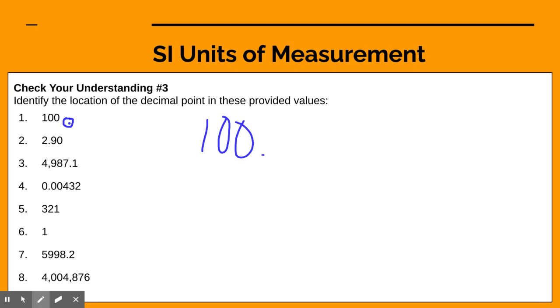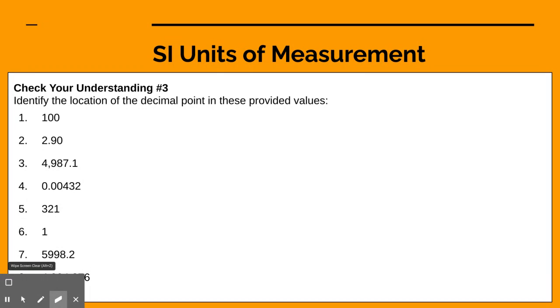That's where it's at, because remember, a decimal is not a whole number. A decimal is a fraction. So if there is no decimal, you have a whole number, and that whole number has its decimal at the far right end. I cannot stress that enough.